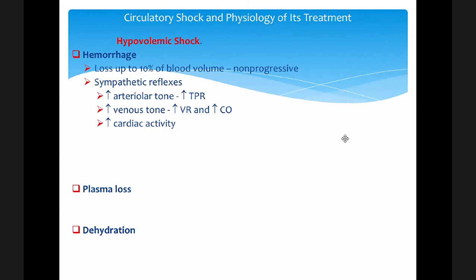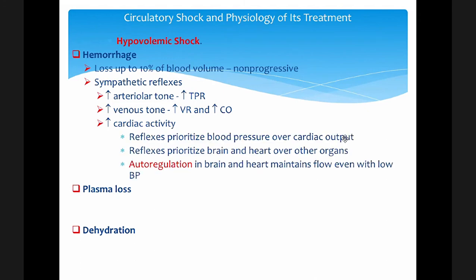So, ganun lang siya. Increasing venous tone, increasing venous return, somehow can improve the cardiac output. So, kung hindi ma-improve yung venous return, bababa din eventually si cardiac output. But luckily, there is concomitant increase in venous tone, increase in venous return, na maintain ang cardiac output.